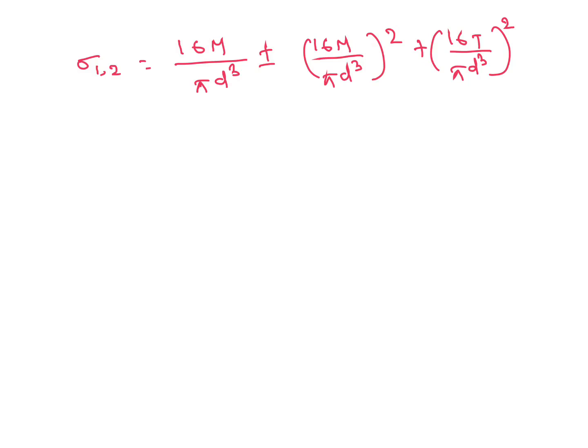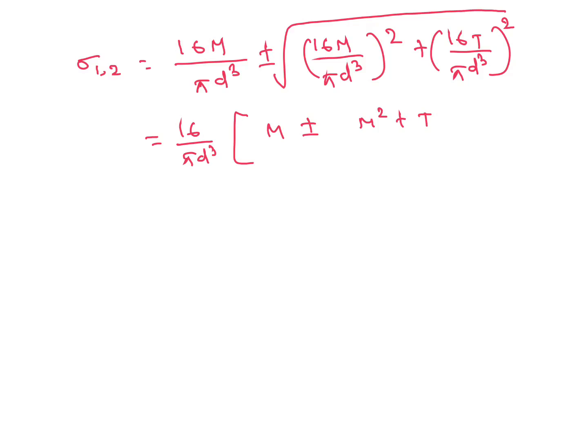Take common 16 by pi d cube, you will get M plus or minus square root over M square plus T square.